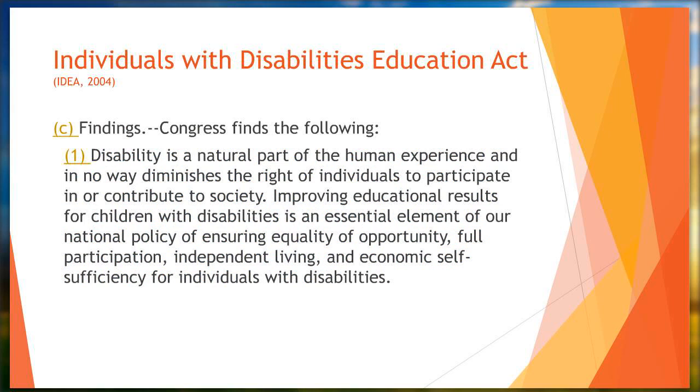Improving educational results for children with disability is an essential element of our national policy of ensuring equality of opportunity, full participation, independent living, and economic self-sufficiency for individuals with disabilities. This law, which was initially passed as the Education for All Handicapped Children Act of 1975, or PL 94-142, has been promoting the inclusion of children with disabilities for over 35 years.